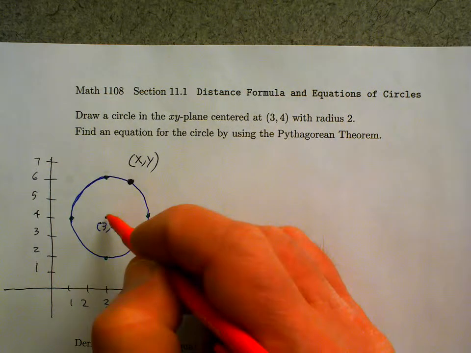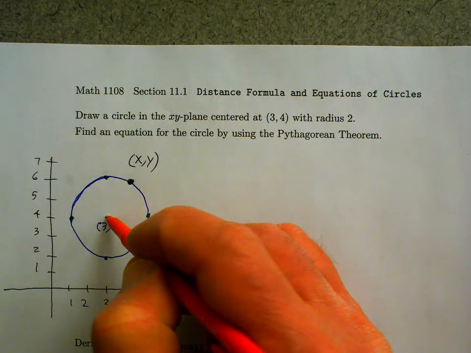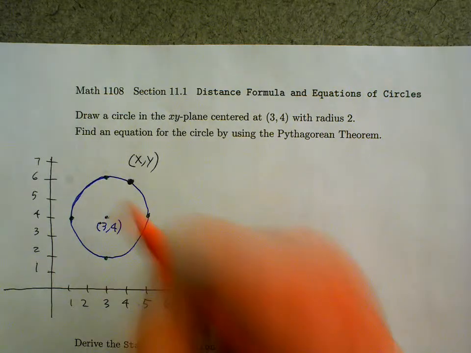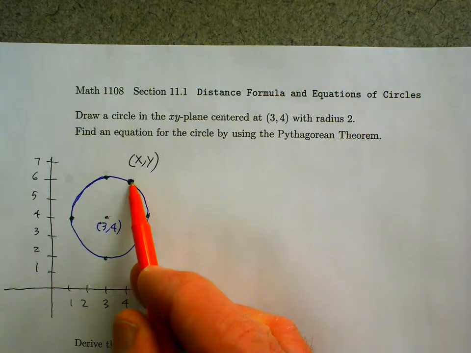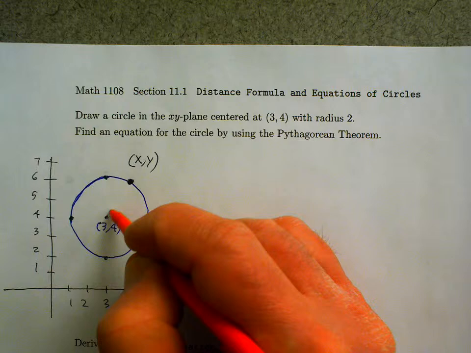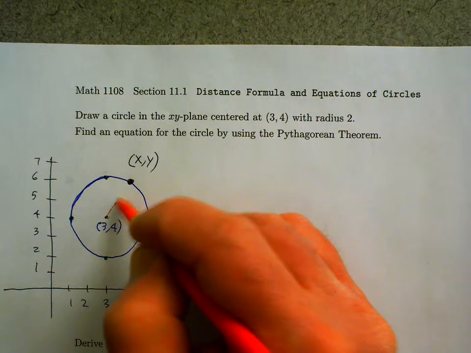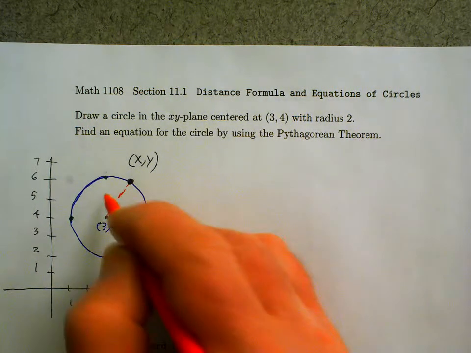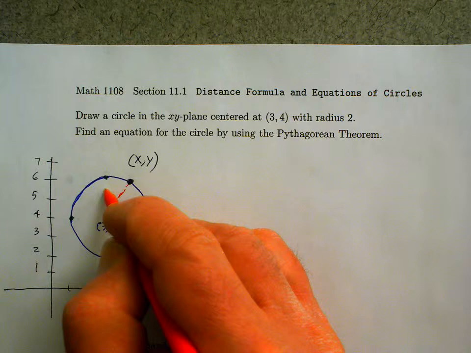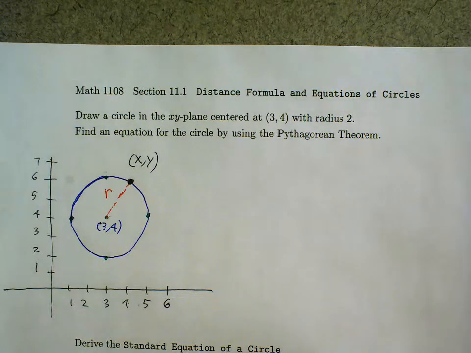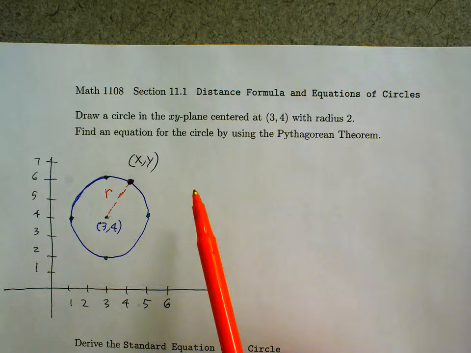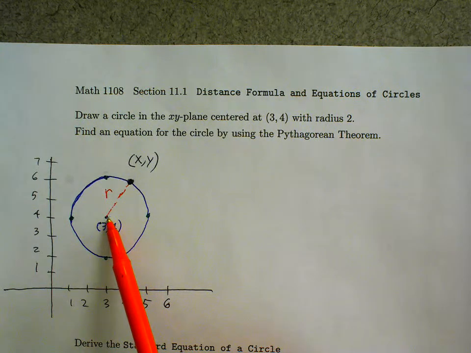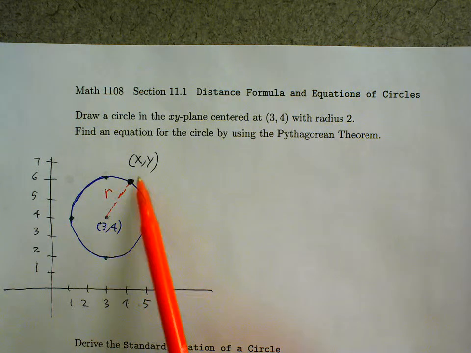Okay, the distance between the center of the circle and any point on the circle is called the radius. So this is the radius of that circle. But that's just the distance between the point 3, 4 and xy.